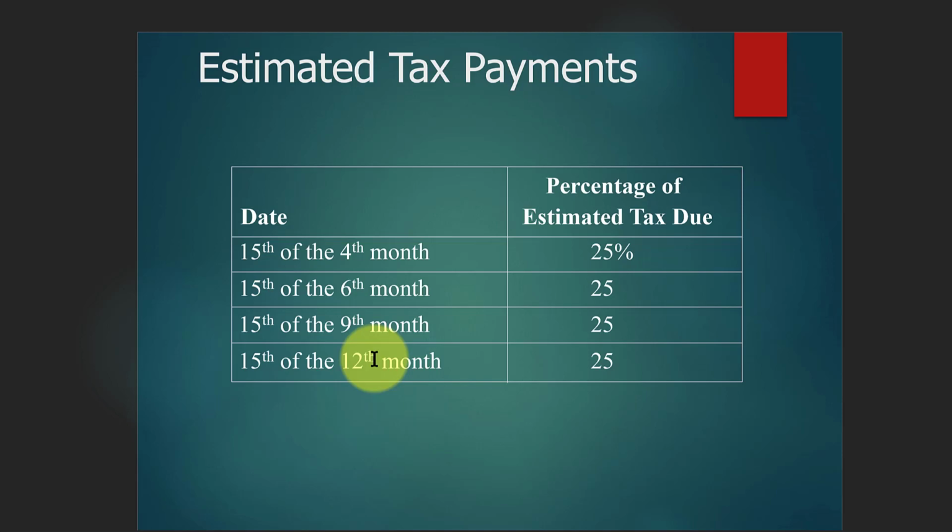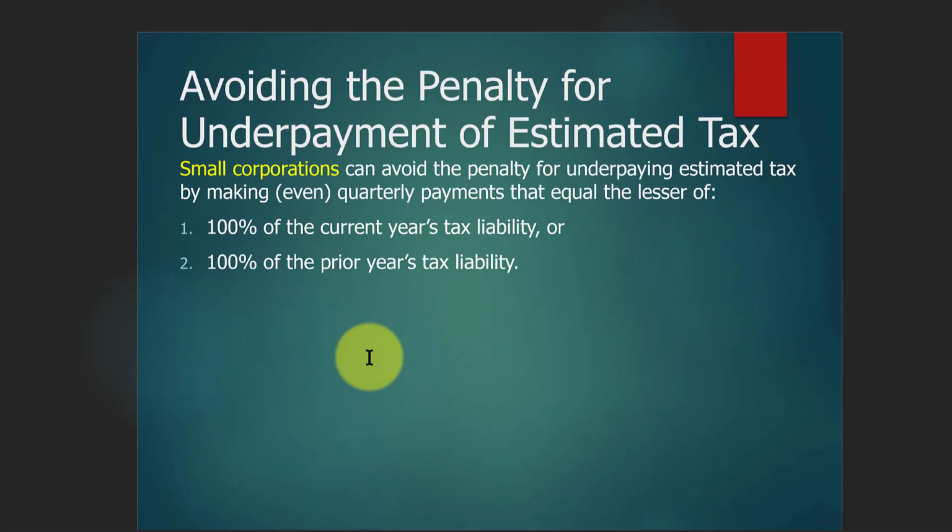Now, it's very hard to estimate during the year how much taxable income you're going to have for that same year. So the government allows a couple different ways of determining how much to pay. One is to take a look at last year's total tax liability, and you can pay that total liability this year in those quarterly payments. Or if you can, try to estimate your current year's liability, and then you divide that by 4 to make those quarterly payments.